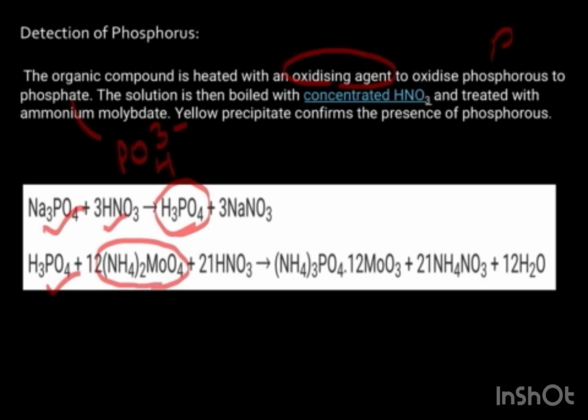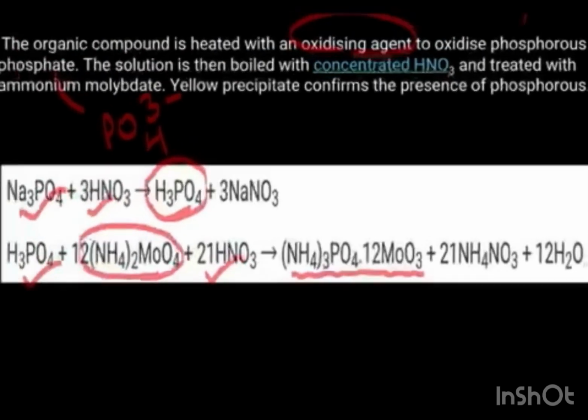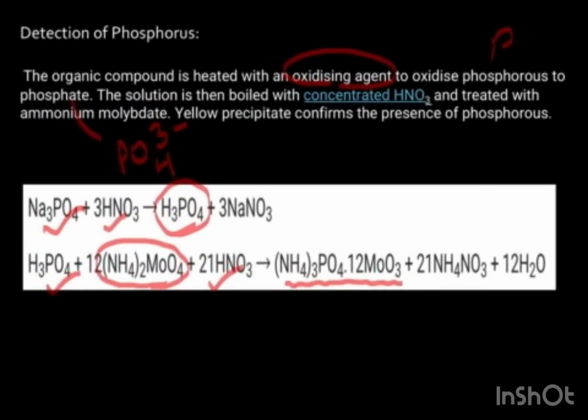This is the formula. In the presence of nitric acid again, and in this case, on heating it, you will get yellow, canary yellow precipitation of ammonium phosphomolybdate. This is the test for phosphate, which confirms the presence of phosphorus in the organic compound.